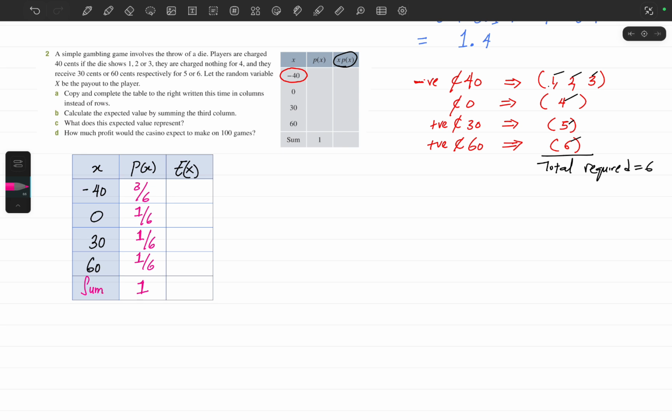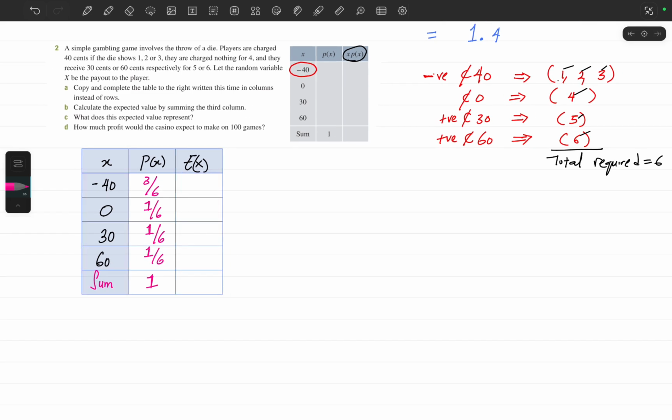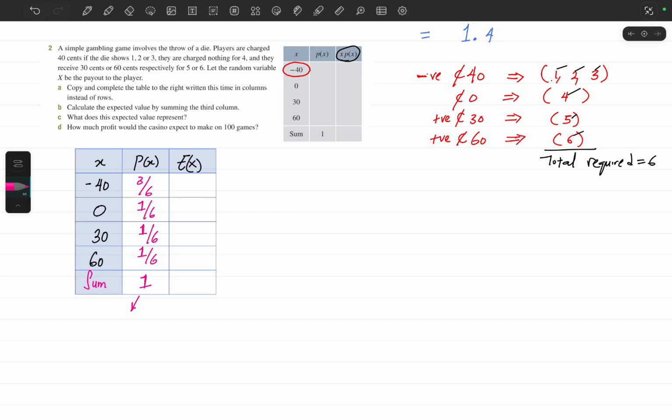If you're taking the sum of the probability distribution, P of x, this summation is going to be 1. That makes sense.